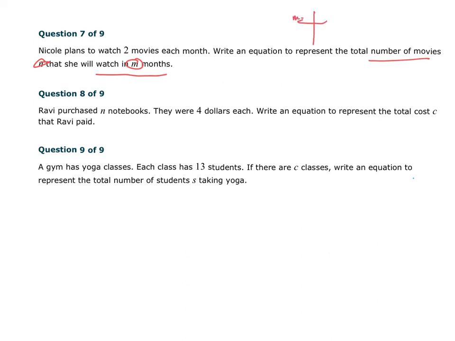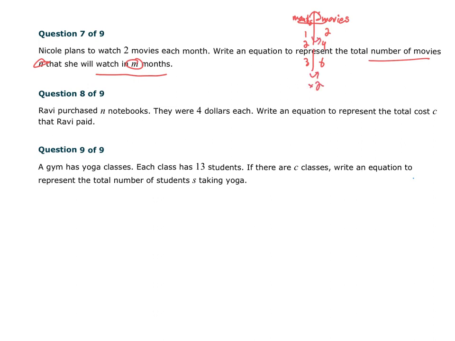So I'm starting with months. That's my independent variable. And then movies is my dependent variable. Okay, so after 1 month, she'll have watched 2 movies, 2 months, 4 movies, 3 months, 6 movies. So the way I get from months to movies is I'm multiplying by 2.